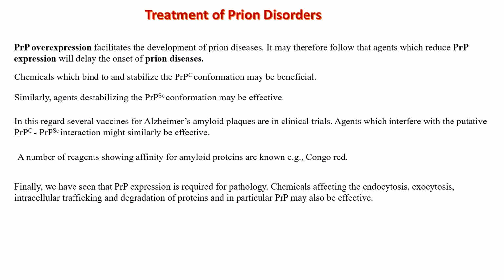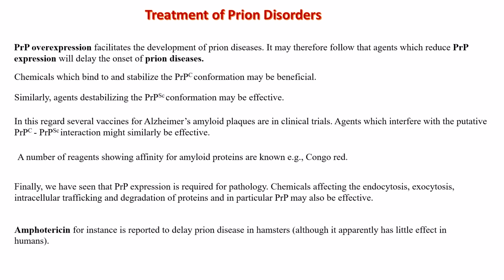Chemicals affecting the endocytosis, exocytosis, intracellular trafficking, and degradation of proteins, and in particular PrP, may also be effective. Amphotericin, for instance, is reported to delay prion diseases in hamsters, although it apparently has been found to have very little effect in humans.